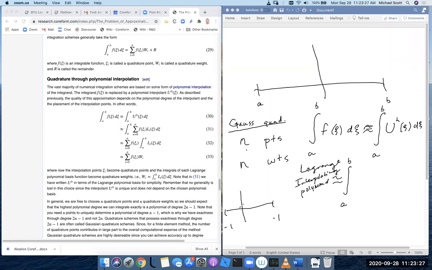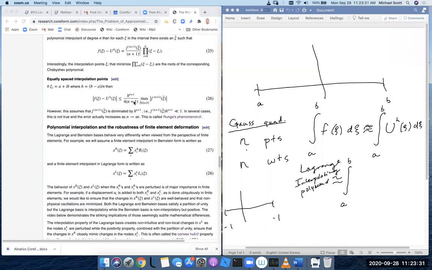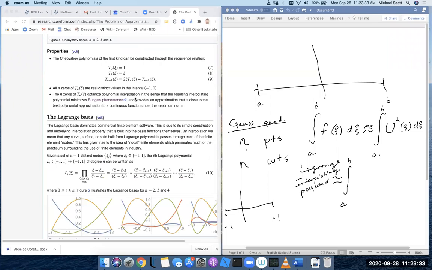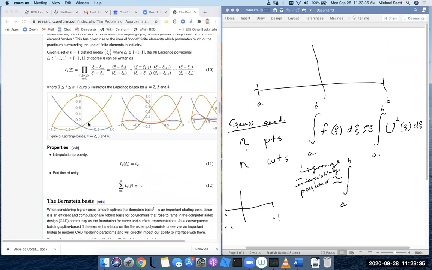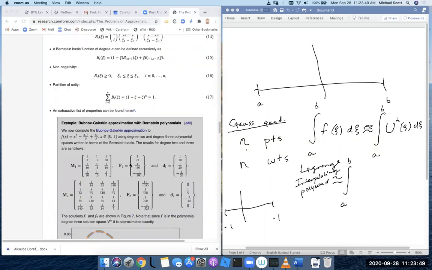So just to remind you what those guys look like, here's the Lagrange polynomials. Okay, and it has this interpolation property, which is why it's chosen as our initial representation of our interpolating polynomial.